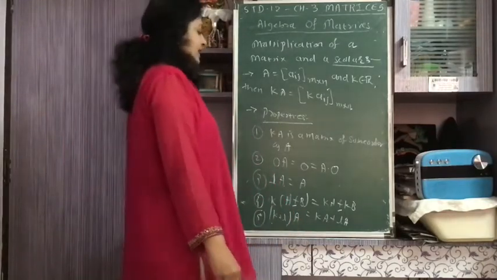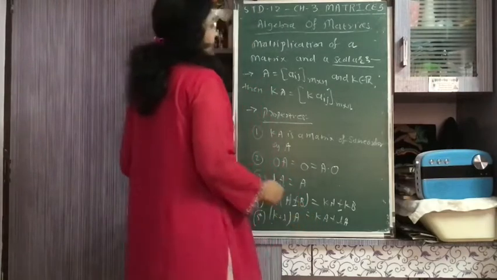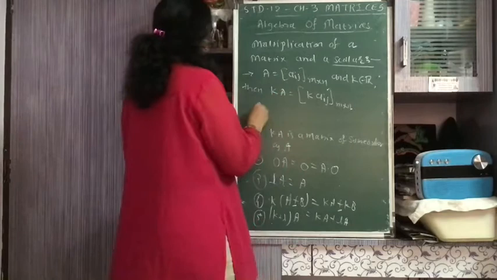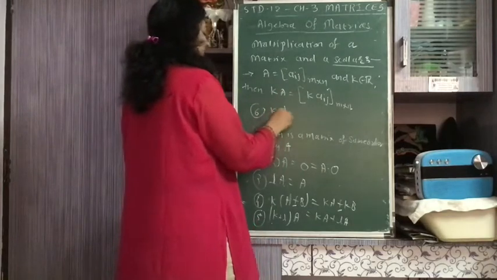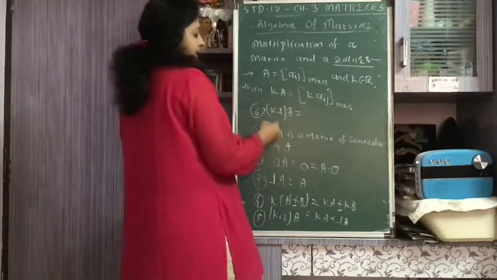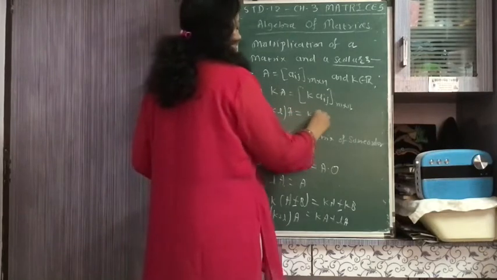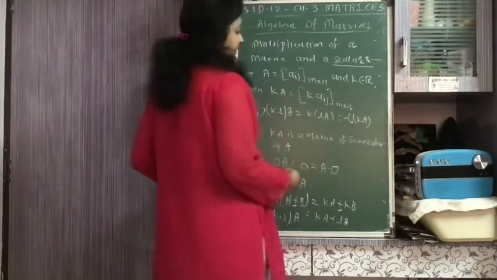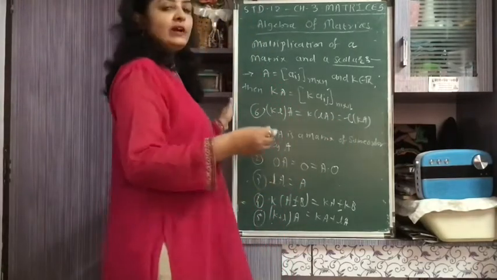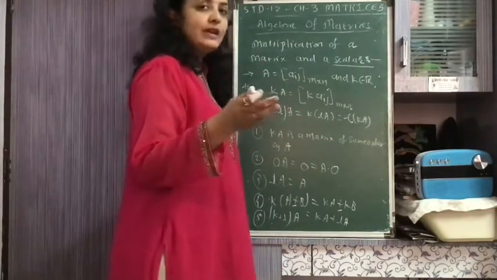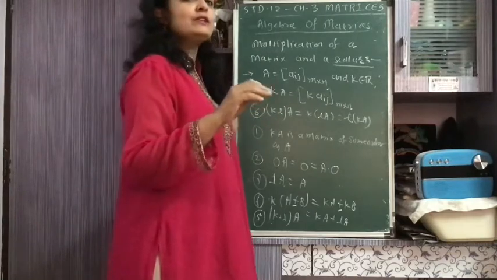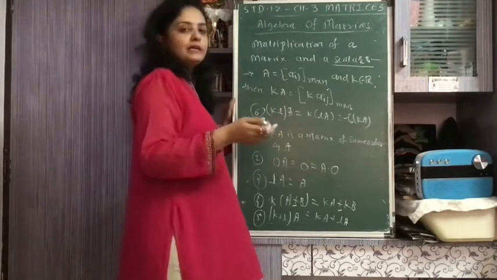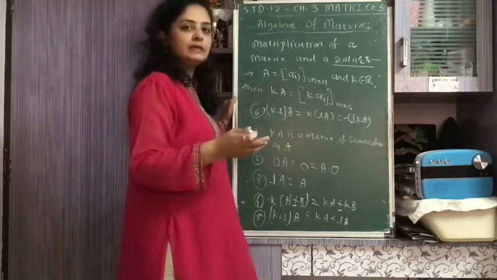And in the same way we can go with the sixth property, that if k and l are scalars and A is a matrix, then kl into A is equal to k into (lA), which is equal to l into (kA). For example, I first multiply A with 2 and obtain 2A. Then I multiply 2A with 3, so it will be 6A. Or I directly obtain 6A. The answer will be the same.